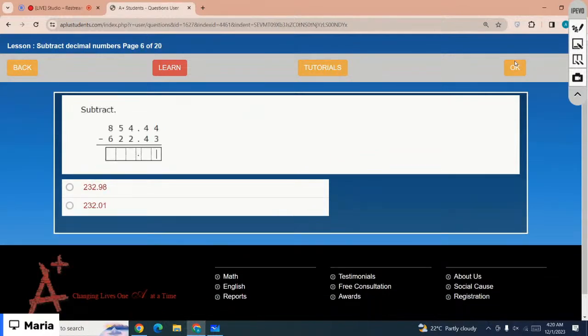Okay, the next one is 854.44 minus 622.43, which is the correct option?